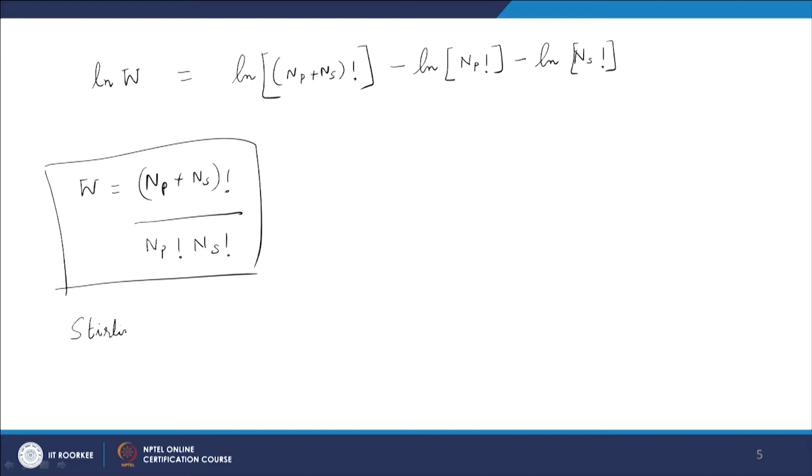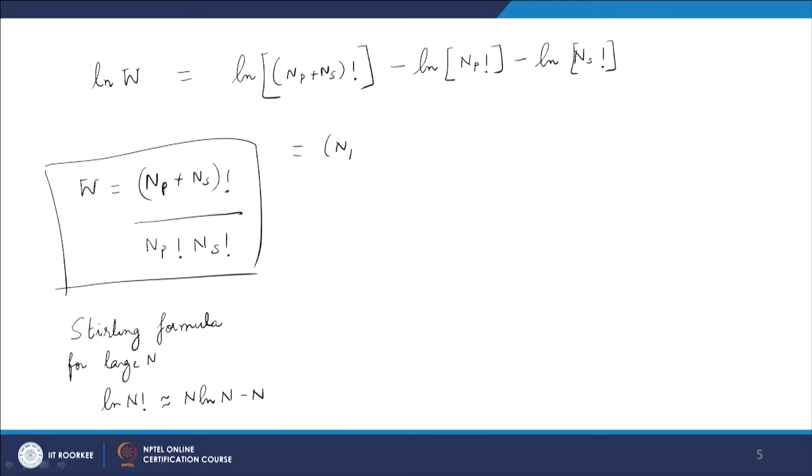We had already used it in the context of random walk. So, for large n, the ln of the factorial can be approximated as n ln n minus n. There was one more term there that we are also ignoring, that is anyway a smaller term compared to this. Okay.